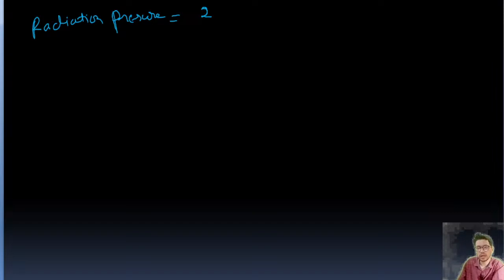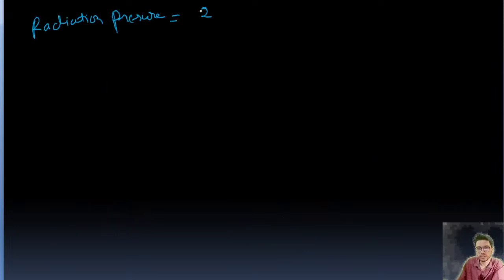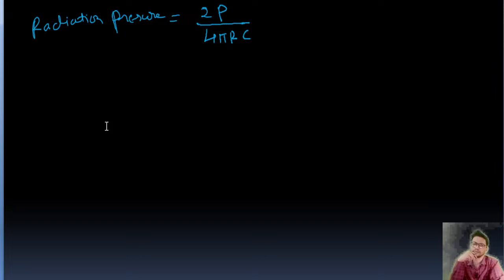I is P upon 4 pi r squared, so the radiation pressure is going to be 2P upon 4 pi r squared c. This is the radiation pressure.